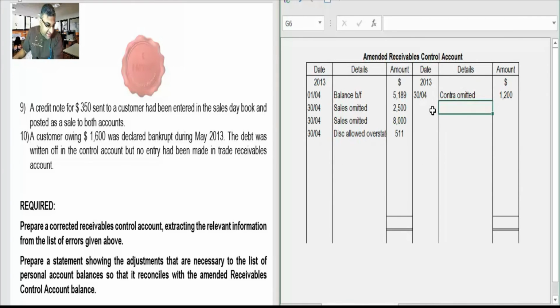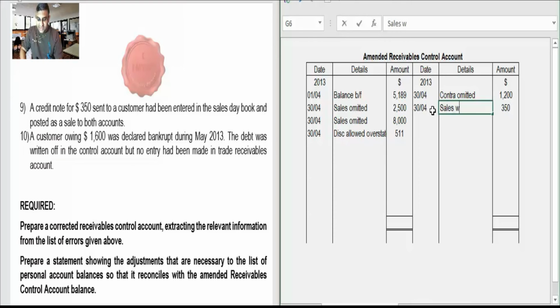Now, given that this entry has been posted as a sale to the customer's account, we have to first of all reduce the customer's account by the amount of sale wrongly credited. In other words, we have to credit the amended receivables control account by 350 first of all, dated the 30th of April.